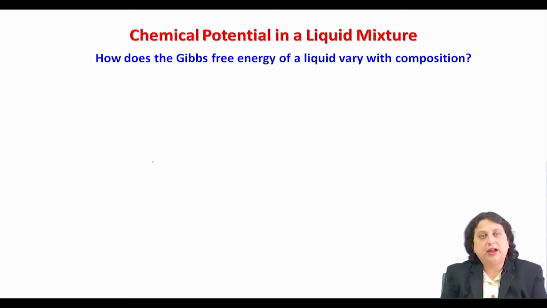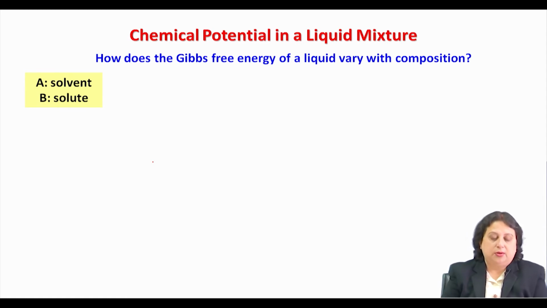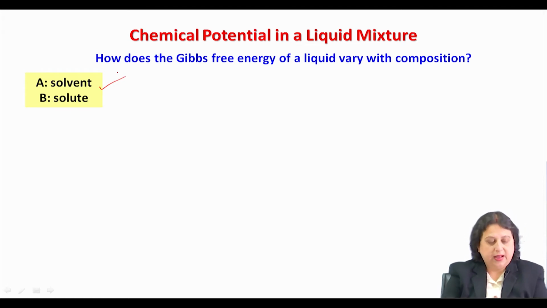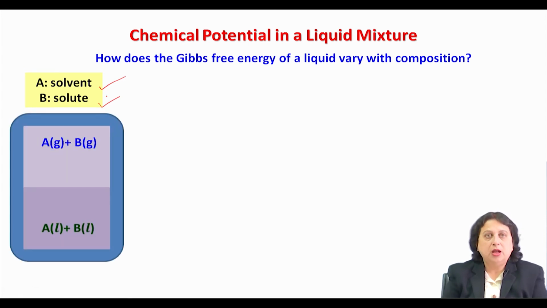And in order to address this question properly, let me take a simple example where I have a binary liquid mixture and I will be representing the solvent in this binary mixture as A and the solute as B. So by definition, I have a small amount of the solute B dissolved in a large excess of the solvent A. Now this is a typical representation of the situation that I have in mind.